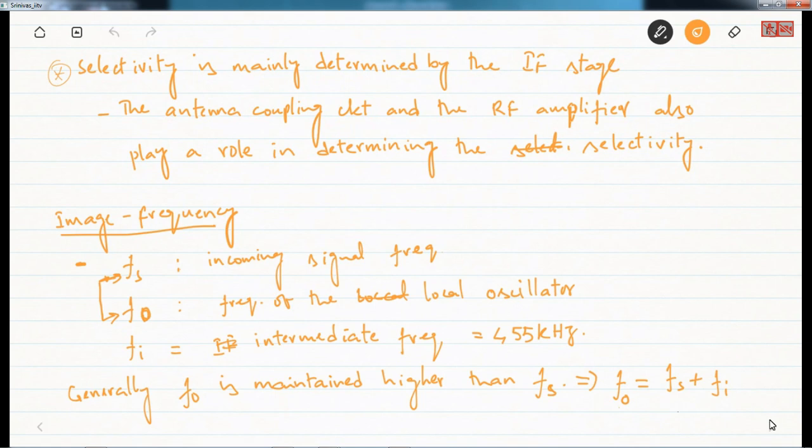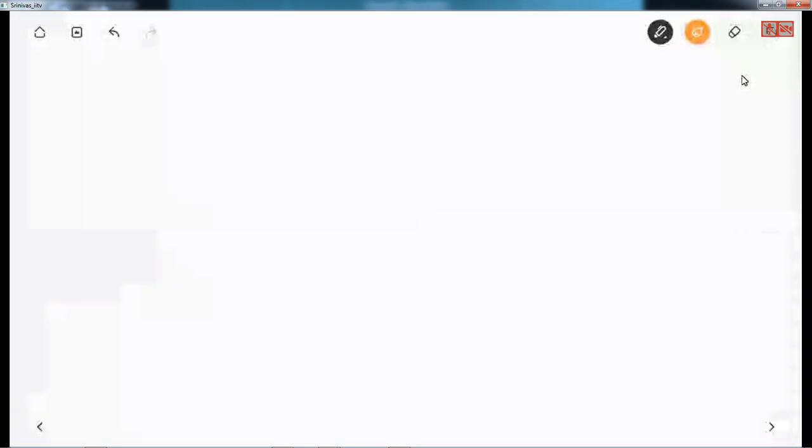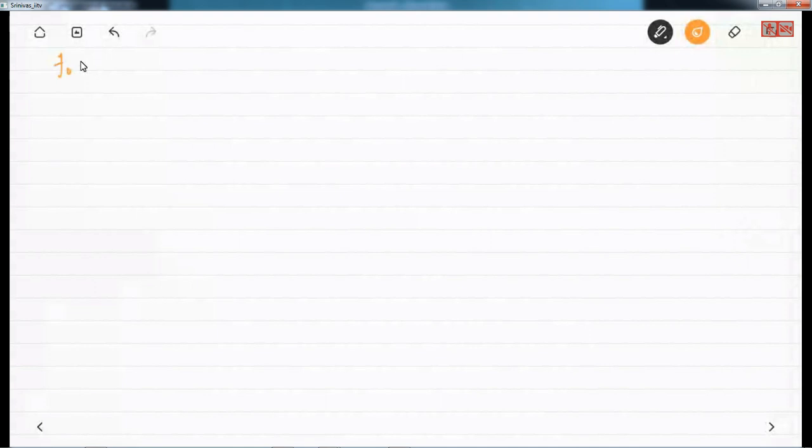So let's write these equations here. We have F naught is equal to Fs plus Fi, or in other words, Fs is equal to F naught minus Fi. Fi is the IF frequency, right? Okay.